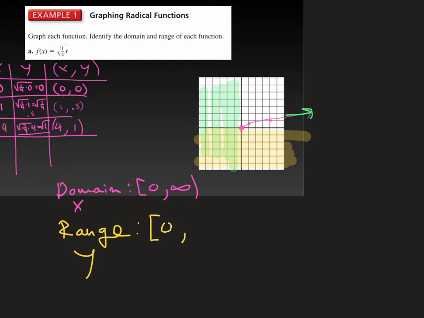And then what do you think our largest y value can be? Infinity. Awesome. So our graph, as we plug in bigger numbers for x, we get bigger numbers for y. So our graph keeps going forever in the y direction also.